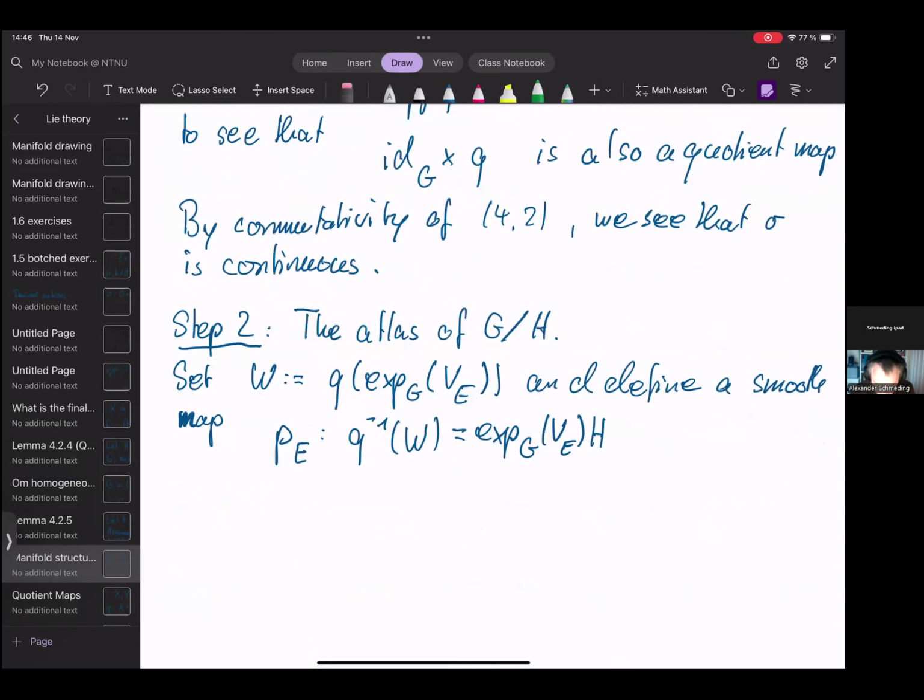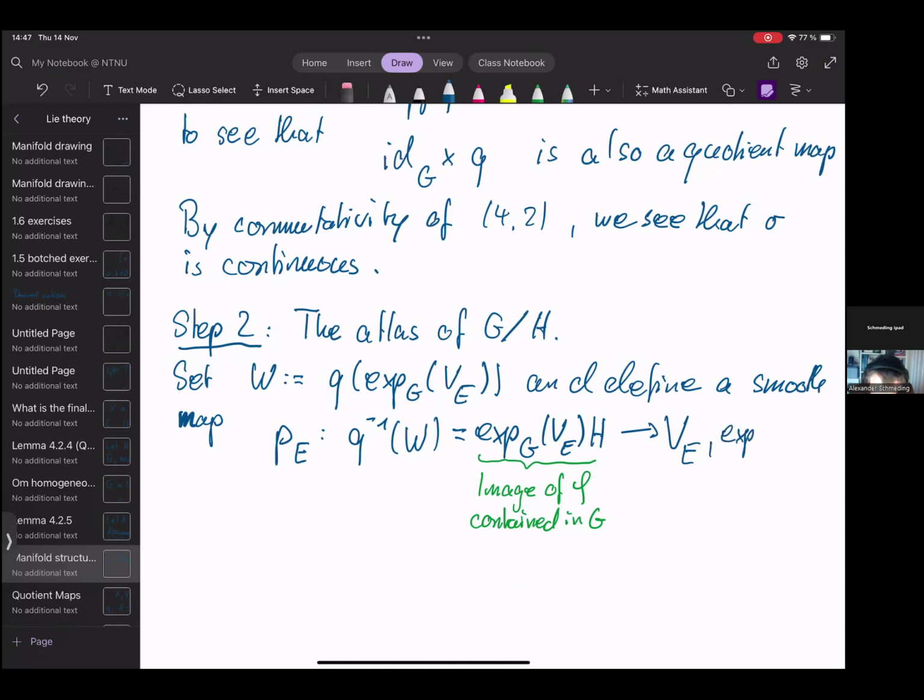First of all, this is a subset of G. So G is a manifold, so it really will make sense to talk about a smooth map. However, from this set, XG VE times H, we want to go to VE. And how do we do this?